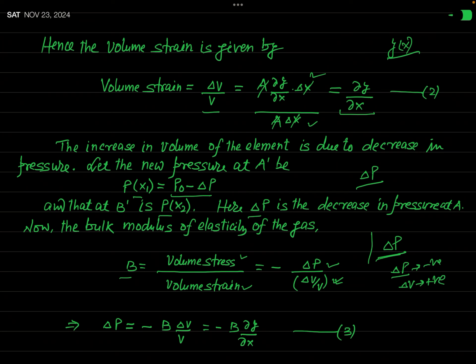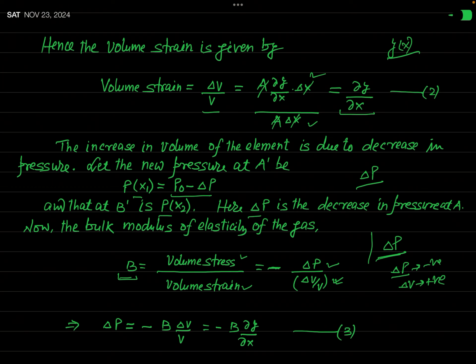So if we do not use a minus sign here, then this bulk modulus will be negative. But bulk modulus is never negative, it is always positive. So for getting the positive value of bulk modulus, you must put a negative sign here. Whenever bulk modulus of elasticity is defined, we always put the minus sign.